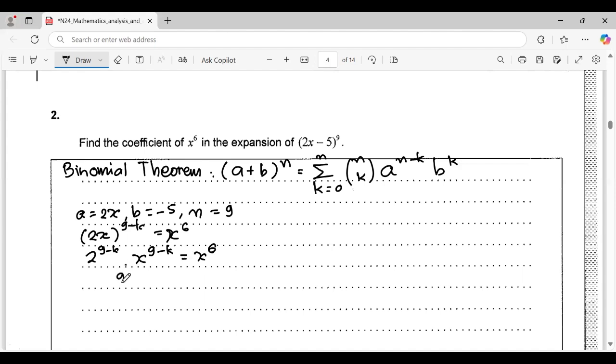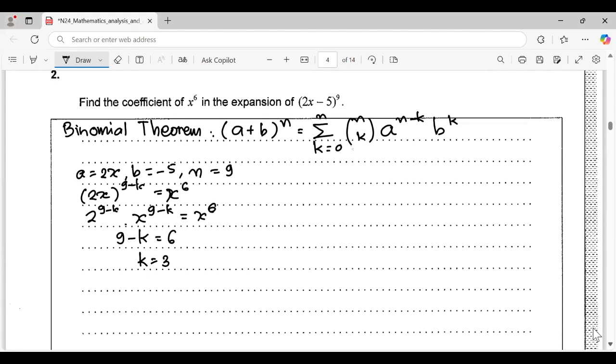So it means 9 minus k equals 6, so k equals 9 minus 6, k equals 3.